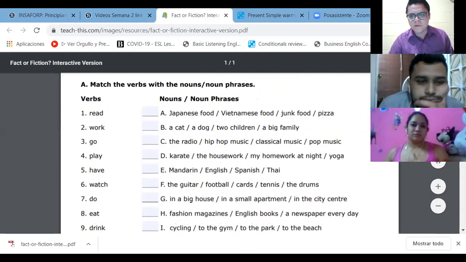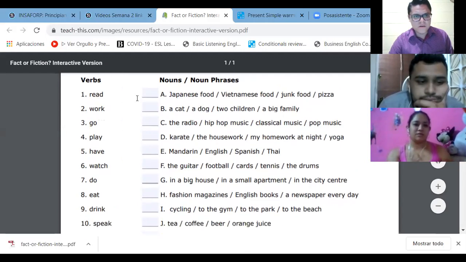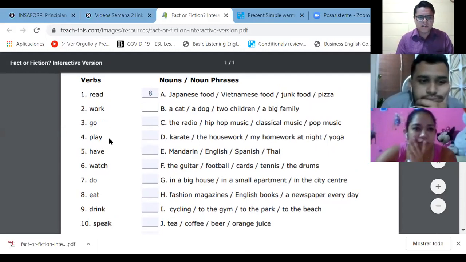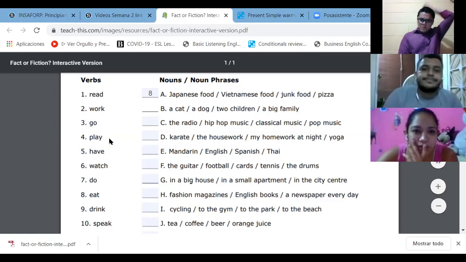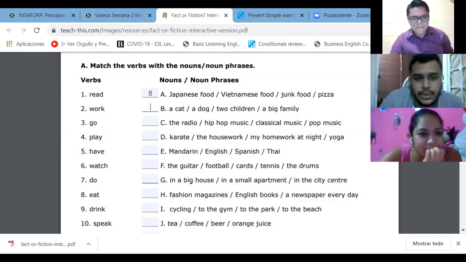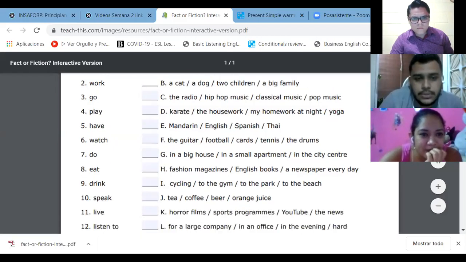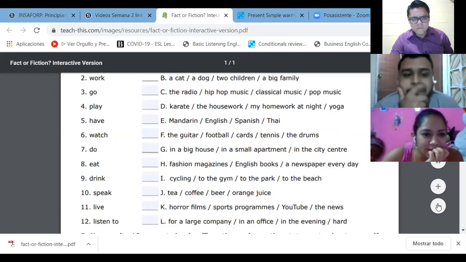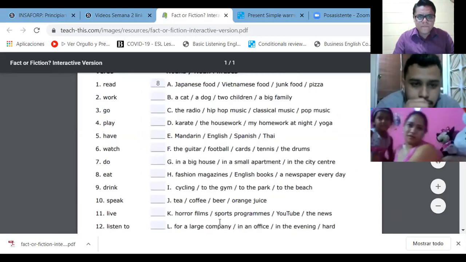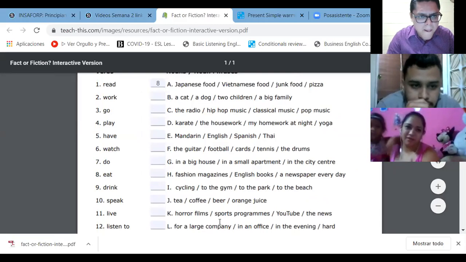What is the correct verb? Eat. It's number 8, right? Okay, Gabby, what about number 2, work? House. Have.